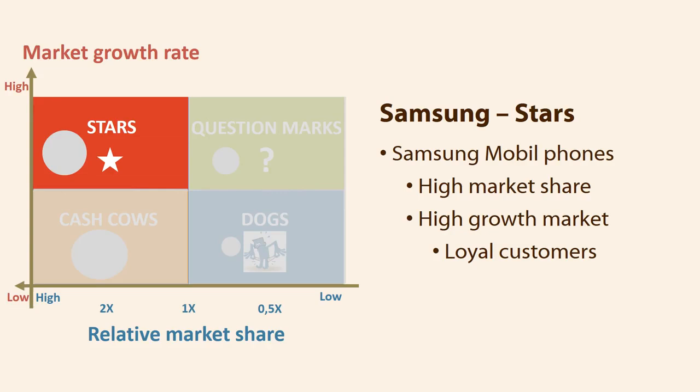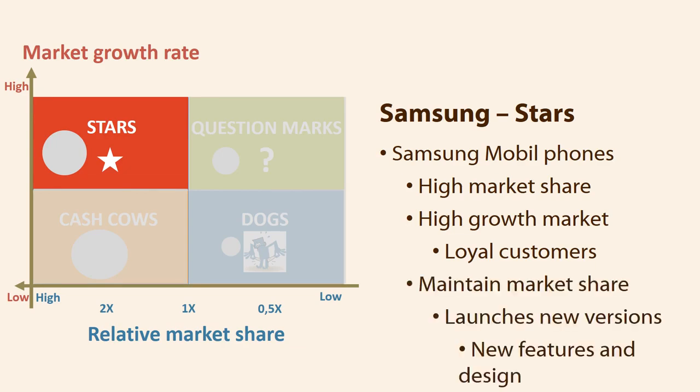The example in the stars field is the Samsung mobile phone, such as Samsung Galaxy. The phone has a high market share in a high-growth industry. Samsung has its own base of loyal customers. To maintain its market share and ward off competition, Samsung regularly launches new smartphones with new features and designs.